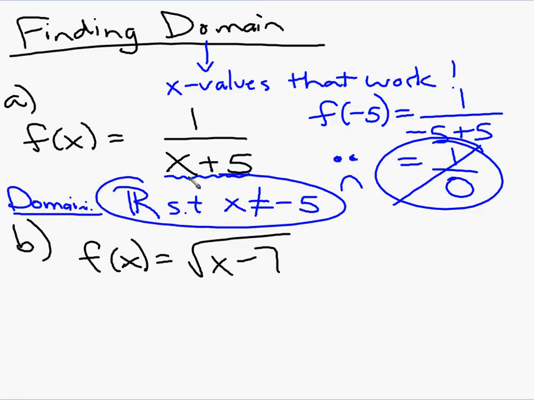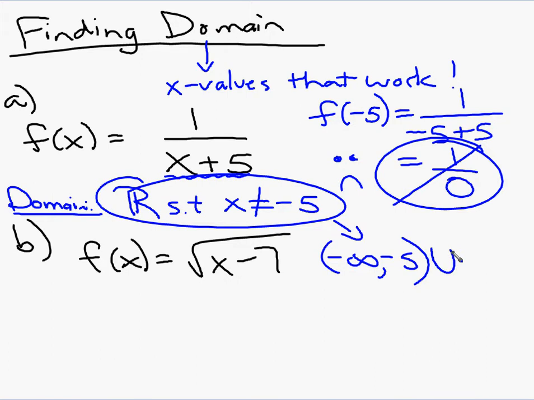The other way you could write it is with interval notation, and you need to know both. We could say it's all the numbers from negative infinity up to -5, and we put a round parenthesis so that we don't include it. Everything from -infinity to -5, and we put this U for union.